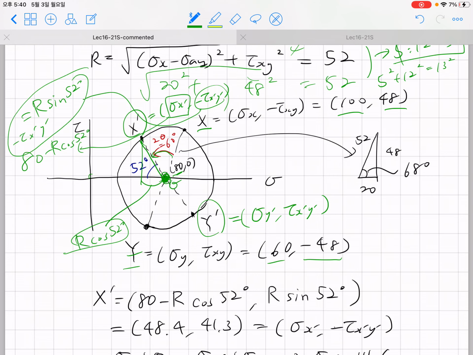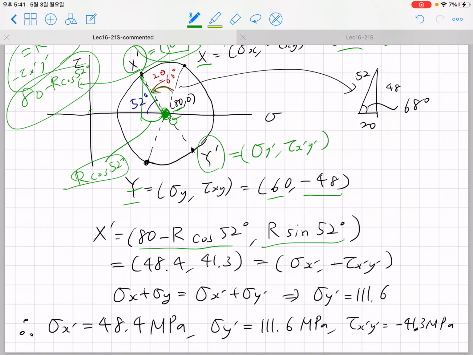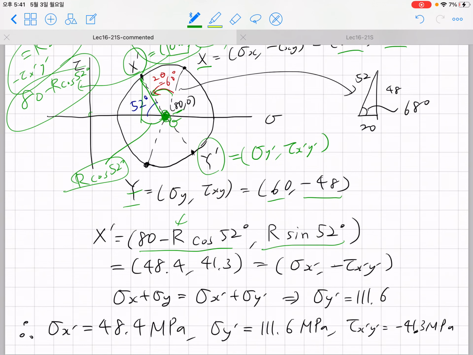Okay, so from here, if you plug in the numbers, r equals 52. Yeah, of course, to obtain cosine 52 degrees and sine 52 degrees, we need computers or calculators. After plugging in numbers, you obtain 48.4 and 41.3, which give you the reading sigma x prime and the reading negative tau x prime y prime.